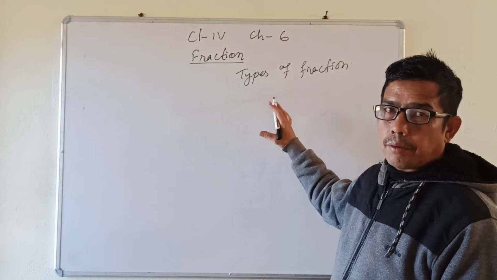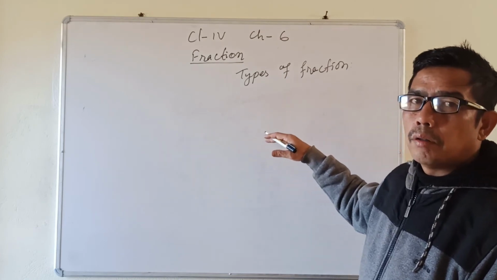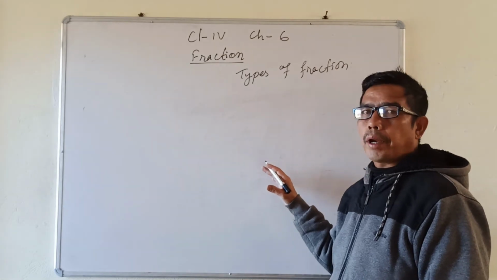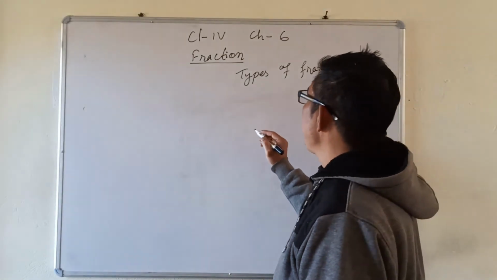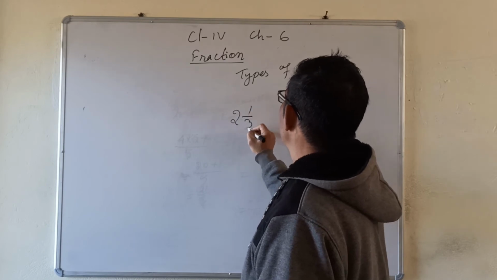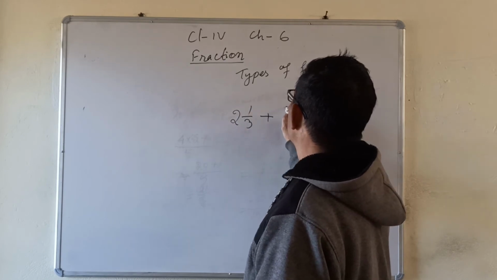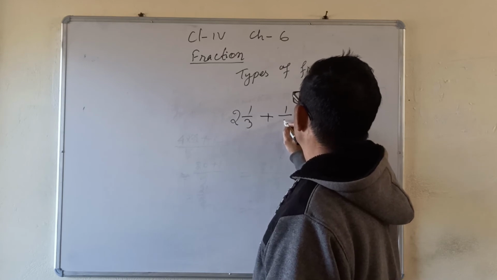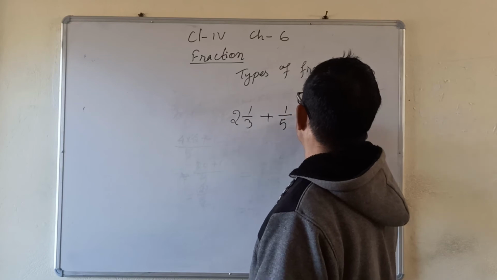So let's leave that one and come to mixed fractions and proper and improper fractions together in addition. 2, 1 by 3, one mixed fraction is given here, and another proper fraction and an improper fraction are given here.